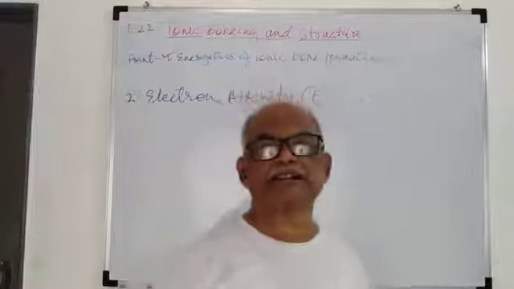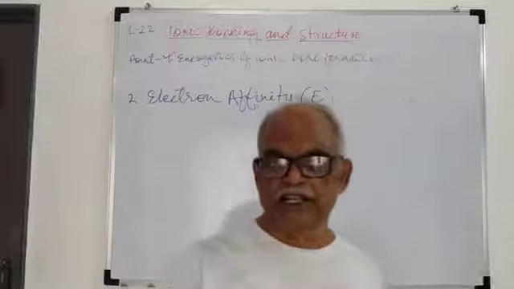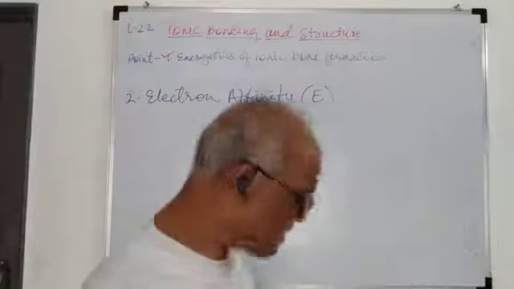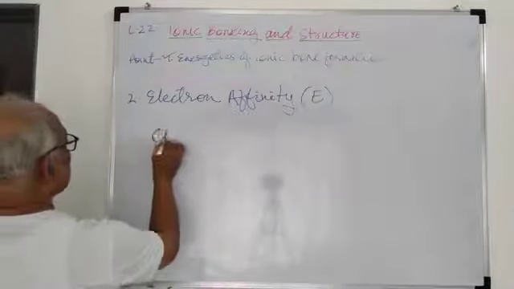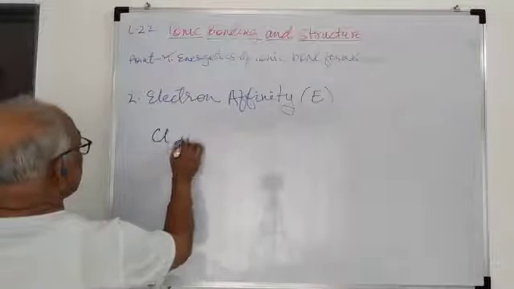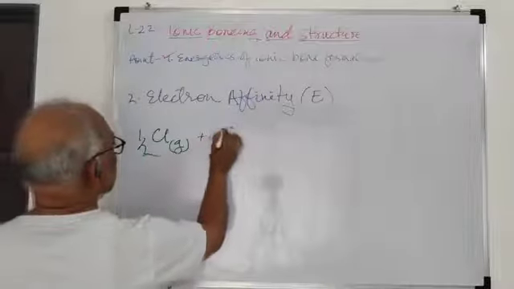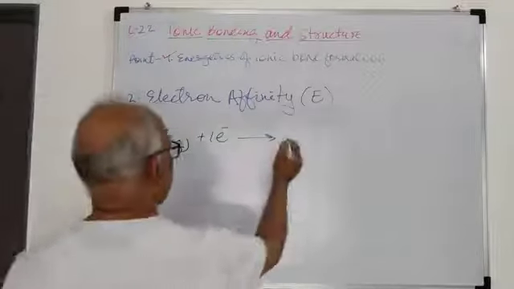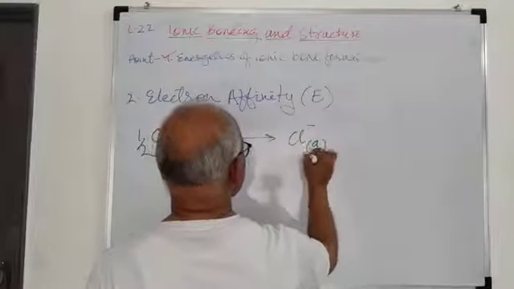Here also we find that the element can have first electron affinity, second electron affinity, and third electron affinity values. We can take the example of chlorine. Chlorine is in the gaseous state. It can take up one electron, and it gets converted into Cl- in the gaseous state.